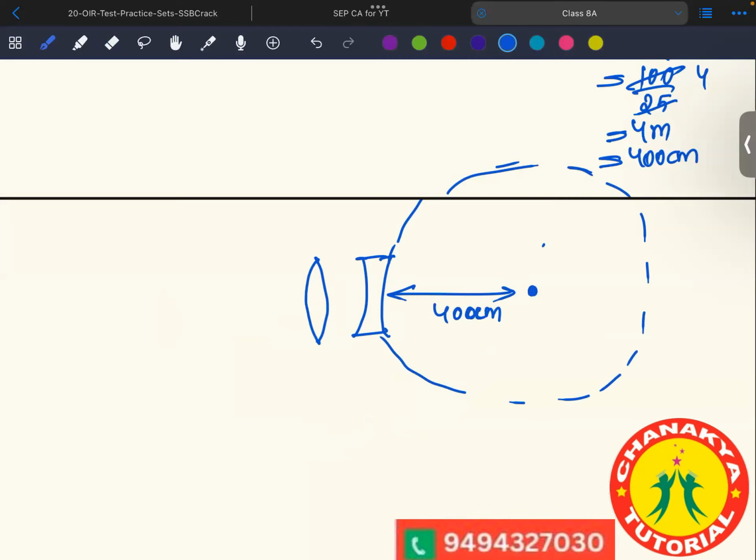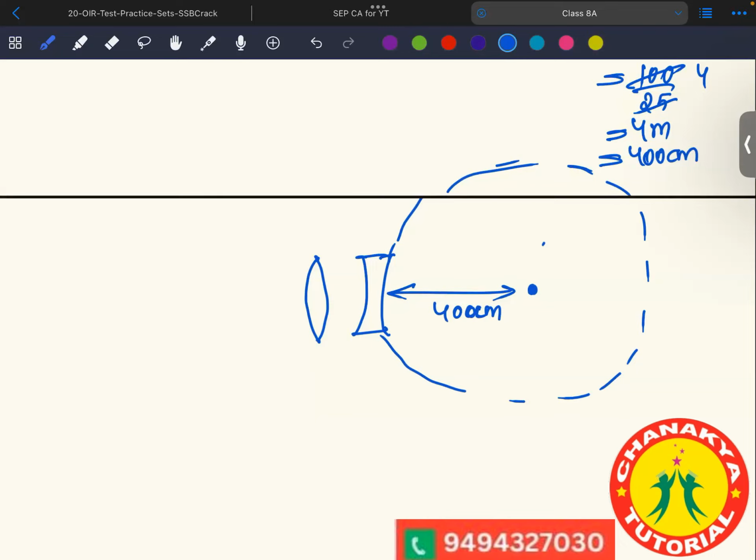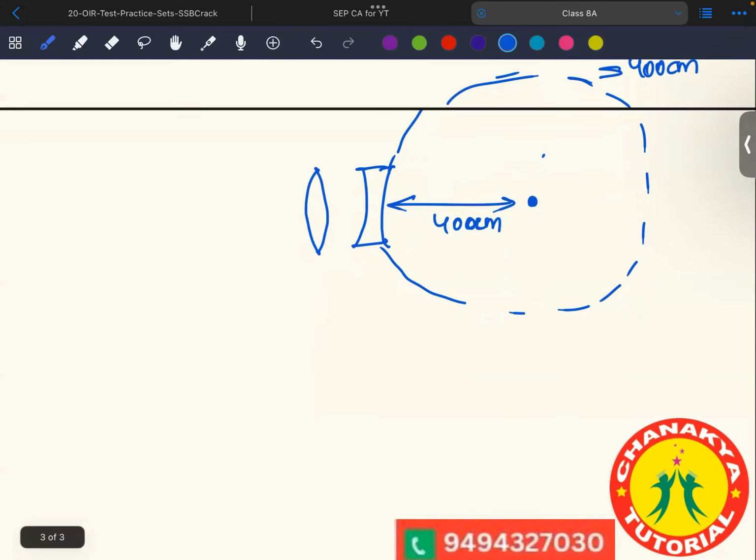So it is away from the spectacles. See why we wear these spectacles.